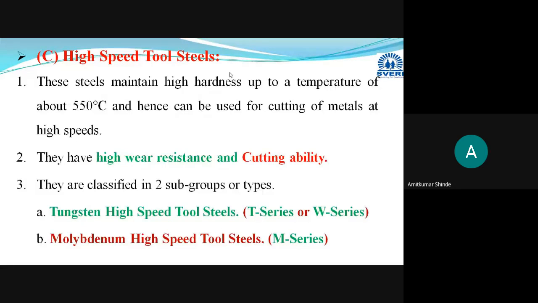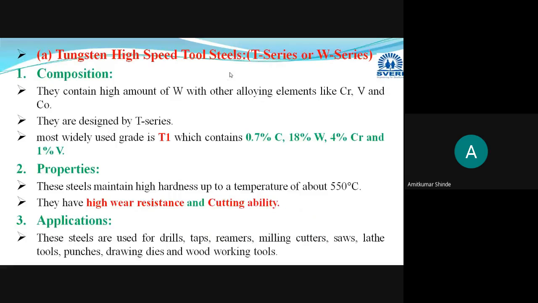We will discuss this one by one now. Okay, so this is the first type, that is tungsten high speed tool steels. These tungsten high speed tool steels are designated or denoted by the T series or W series.